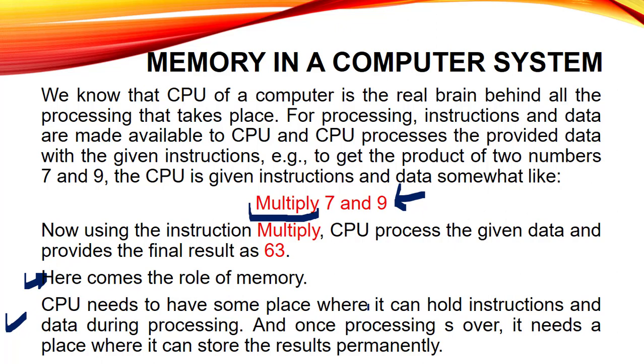It means while our computer is processing the data, it needs some space where it can store the data temporarily. And once processing is over, it needs a place where it can store the results permanently. So our computer's CPU wants some space while it's processing the data, as well as when this processing is completed. And that's why the computer's memory is very important in the computer.